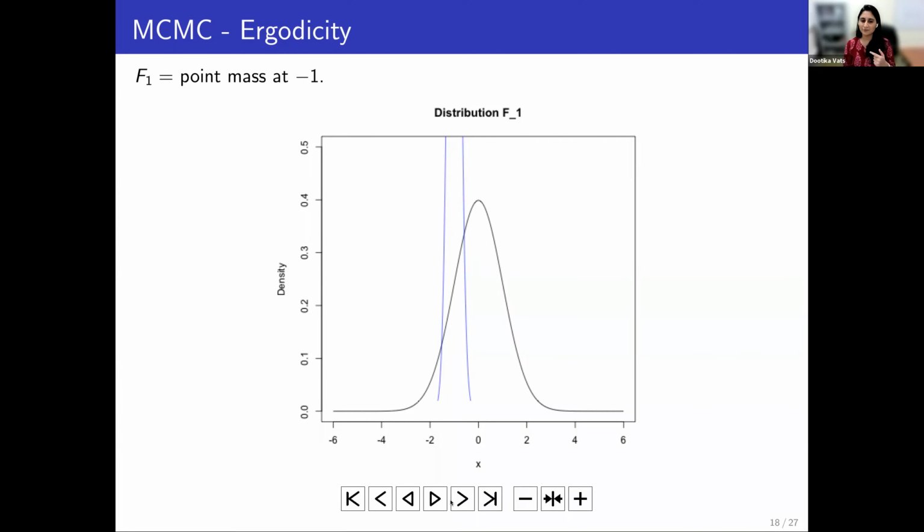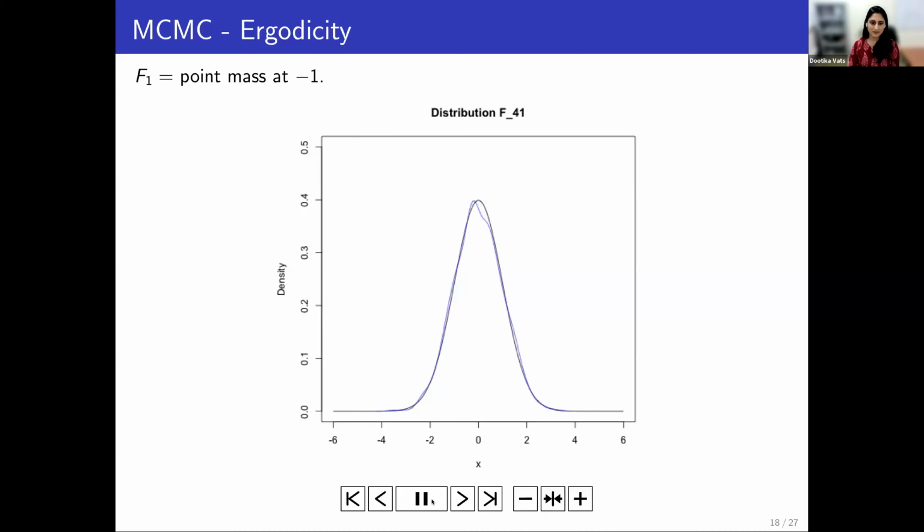What is the distribution at F1? Okay. Then what is the distribution at F2, the marginal distribution at time 2? I see it has moved away from -1, the fixed point mass. And then at F3, at F4, and I can keep running this. And now it has come down to my standard Gaussian target distribution.